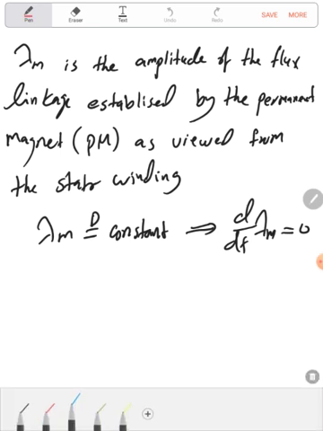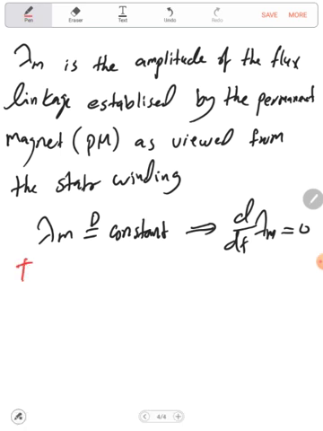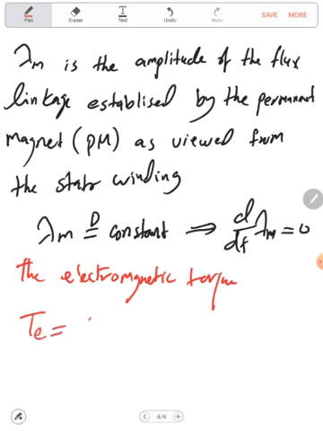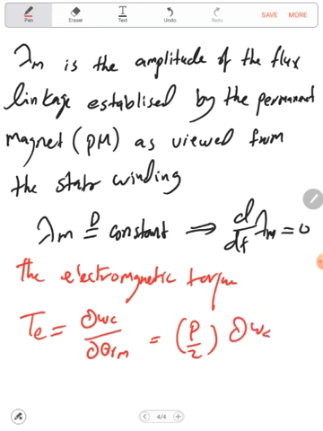So simply here we can write the electromagnetic torque in machine variables in the ABC reference frame. So TE will equal partial omega C by partial theta r mechanical, and this will equal P over 2 partial omega C by partial theta r.